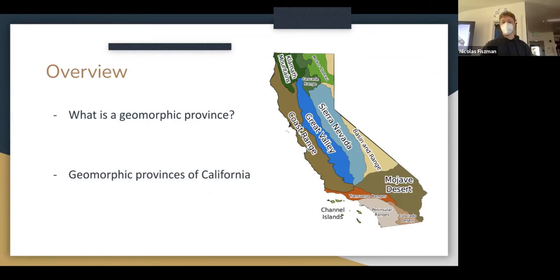I don't have to go through all of them, but on the eastern side, so on the right, you can see the Basin and Range, which makes up the side of the state, and it's bordered by the Sierra Nevadas to the west and the Mojave Desert to the south.